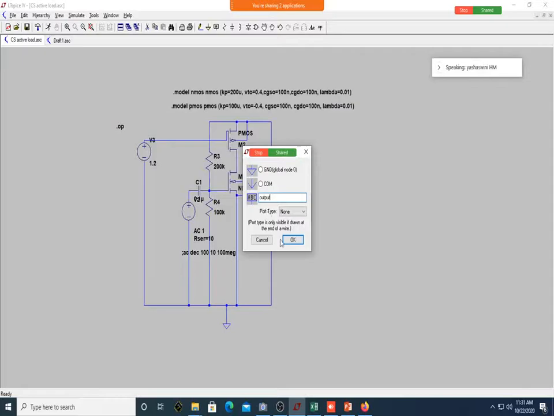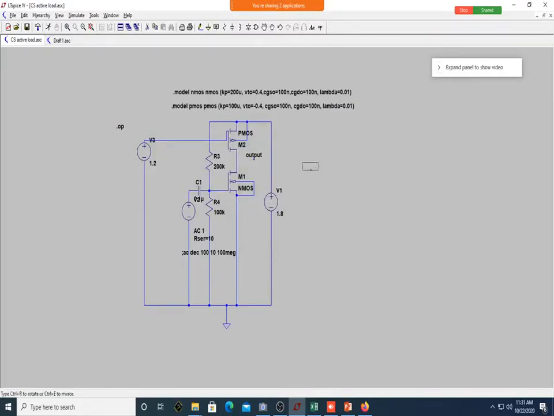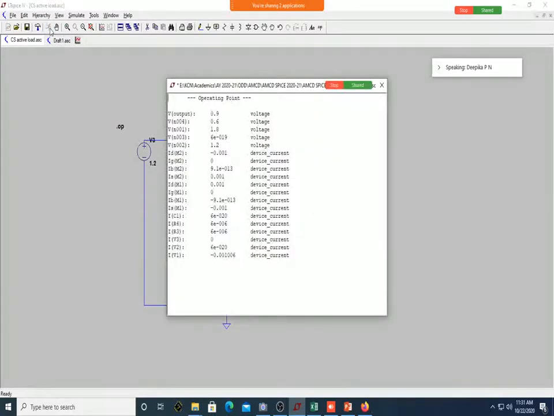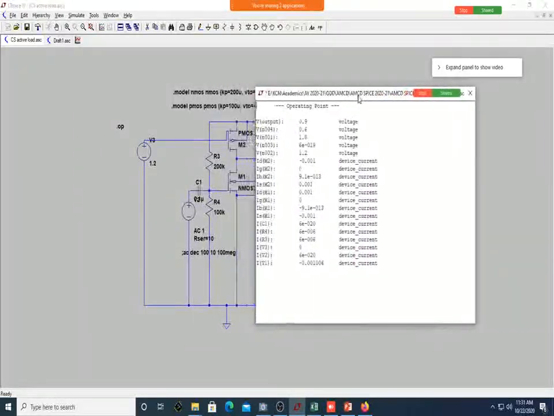What was our design? How did we start? We started with the design of ID equal to 1 milliampere. Are we getting 1 milliampere?